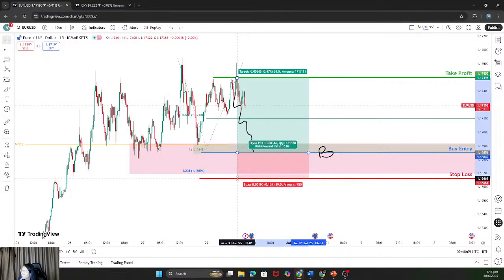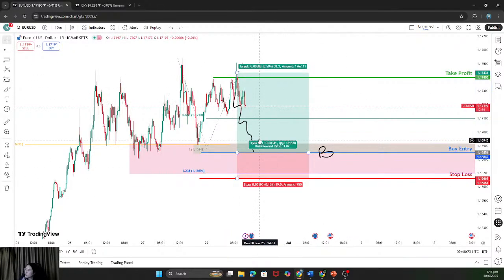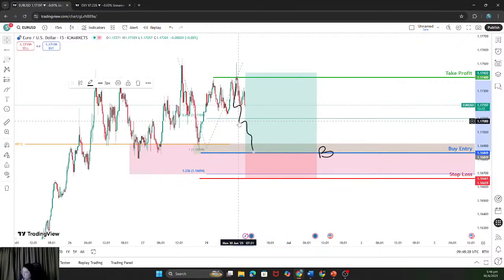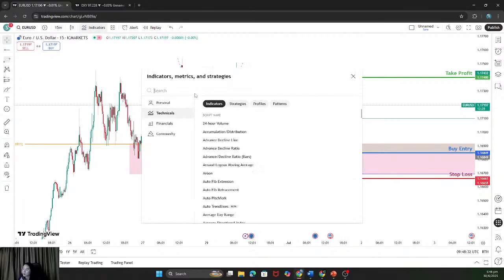And then we're talking about a 1 to 2.8 risk to reward. That's honestly not very bad, because this could be way higher, to be honest. This could be slightly higher. So this is my setup for EUR USD. I think this is a very healthy setup. I think the chances of this working out is high.